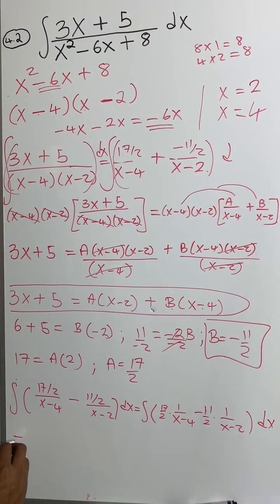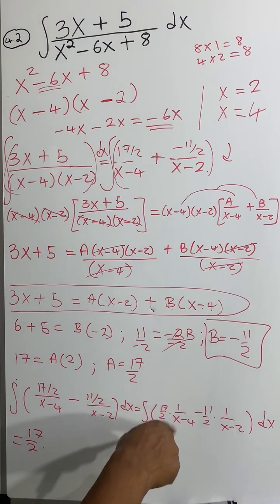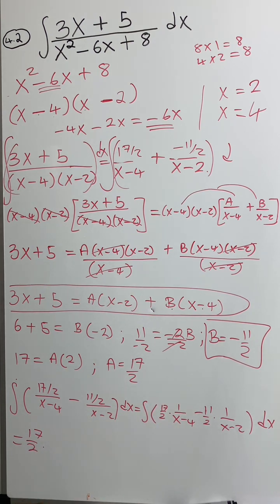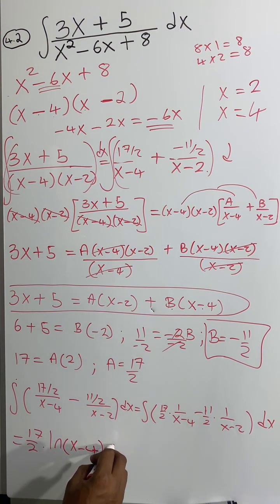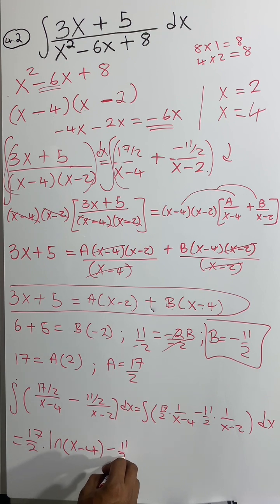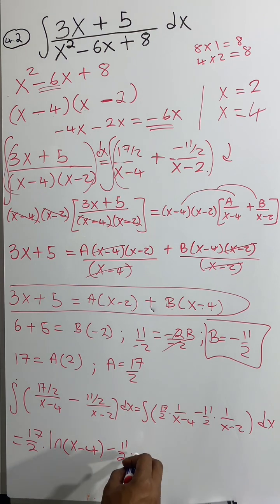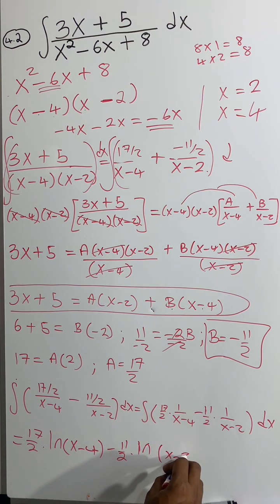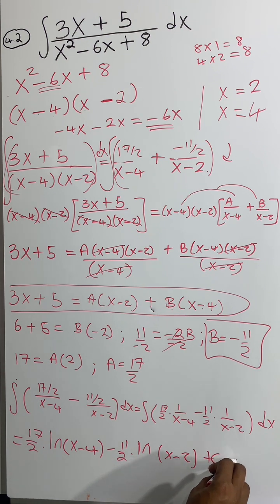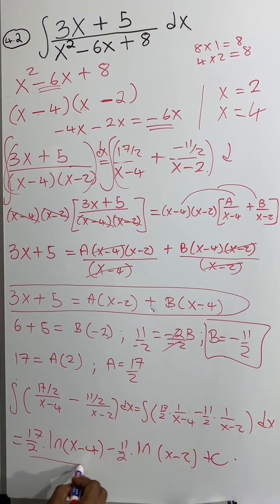From here we integrate that, so we have 17 over 2 multiplied by the integral of 1 over x minus 4, which is ln of x minus 4, minus 11 over 2 multiplied by the integral of 1 over x minus 2, which is ln of x minus 2, plus c. And that's it for question 4.2 and question 4.